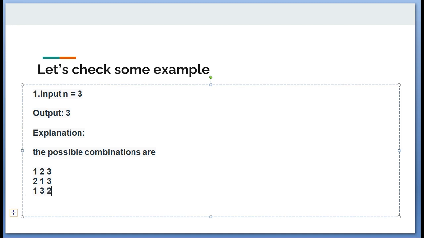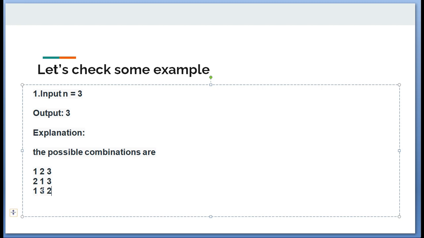So there are three valid combinations. 1 2 3 is obviously valid. 2 1 3 is also fine because 2 1 is valid, we can put 2 in the first position, 1 in the second position, and 3 can stay here. And 1 3 2 is also fine, 3 can stay in the second position, 1 is in the first position and 2 can stay in the third position.